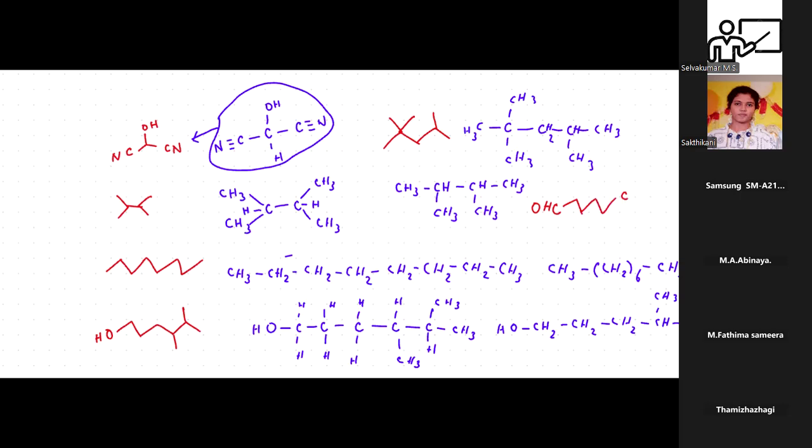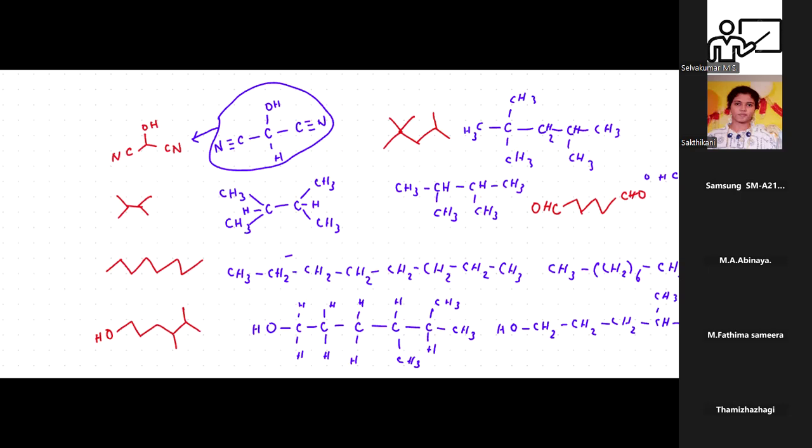How to write this compound? So CHO is connected to a carbon, another carbon, another carbon, another carbon, and that carbon is attached to CHO.